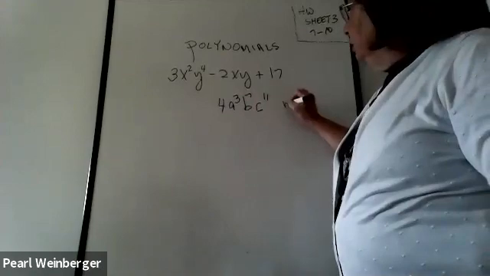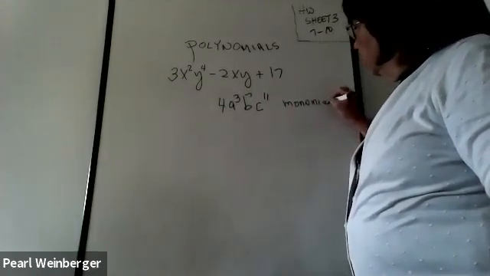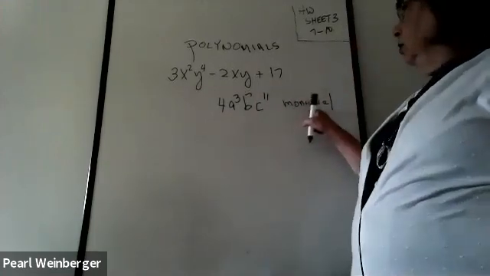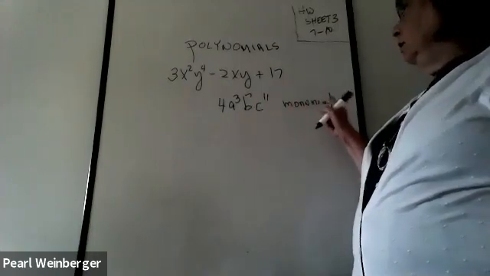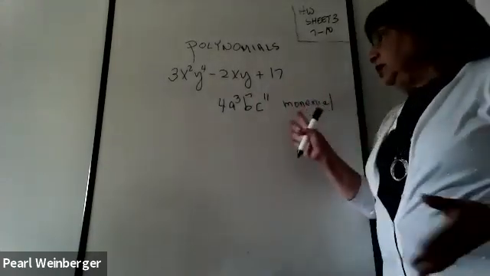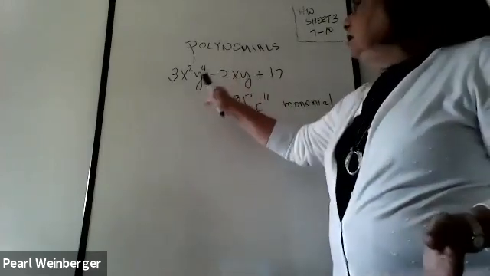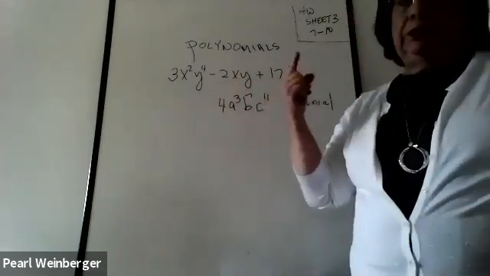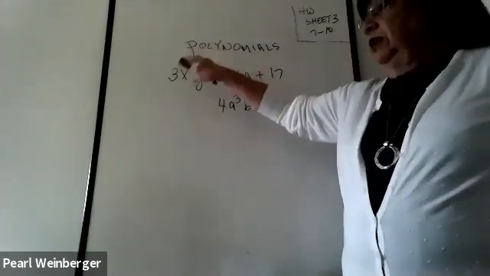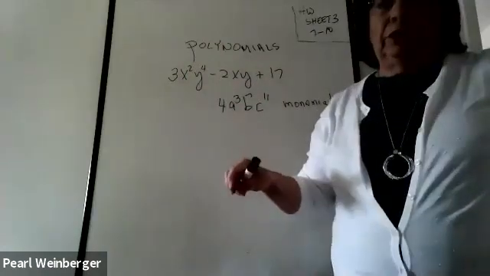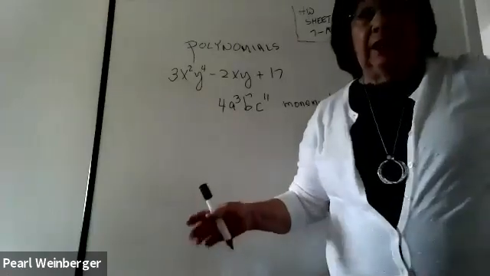This is what's called a monomial. Mono means one. A monomial is one number. Remember, the letters represent numbers as well. This is a single term. A monomial is a single term. We're going to talk about monomials as well as polynomials in this chapter.